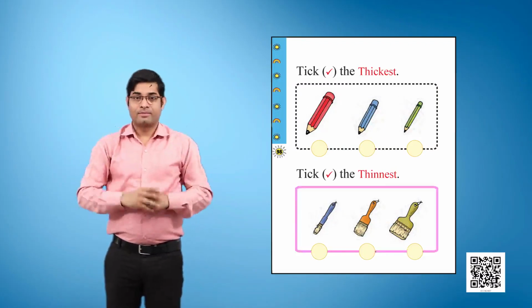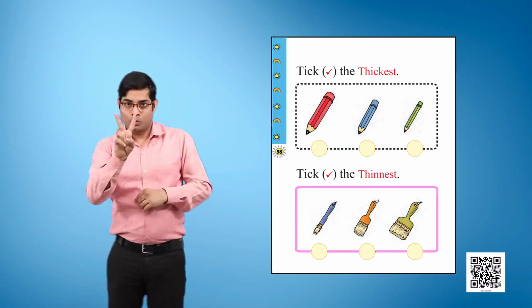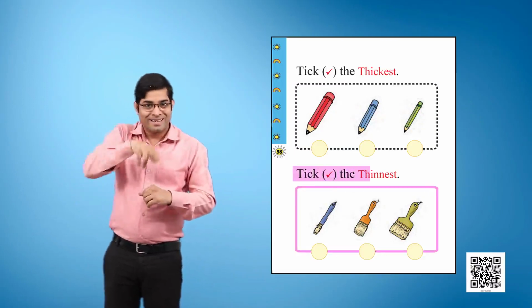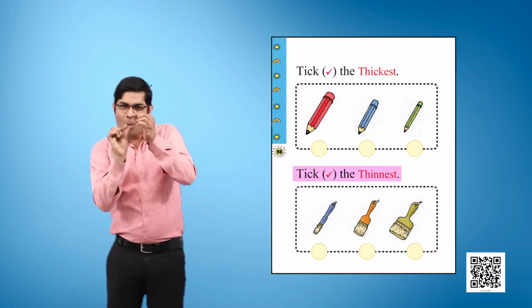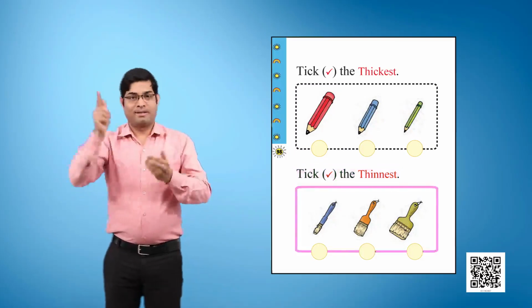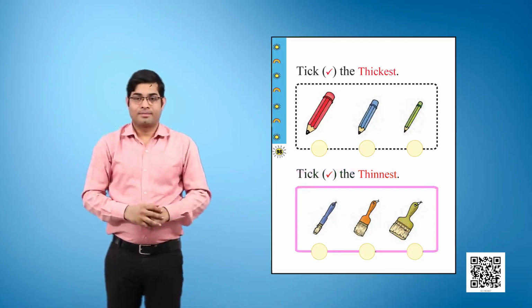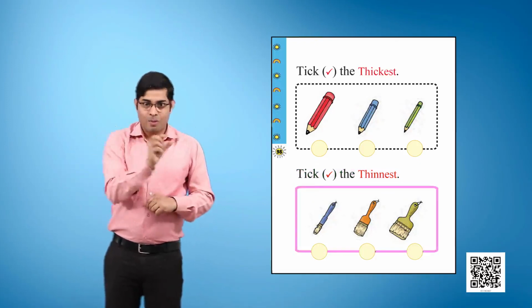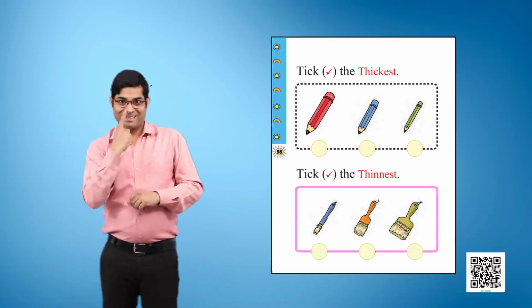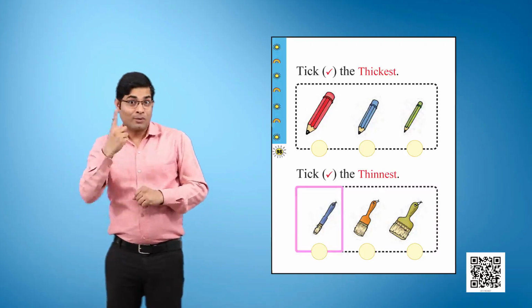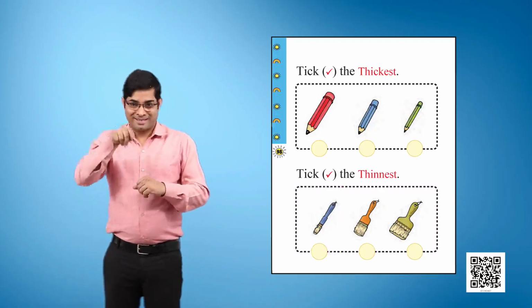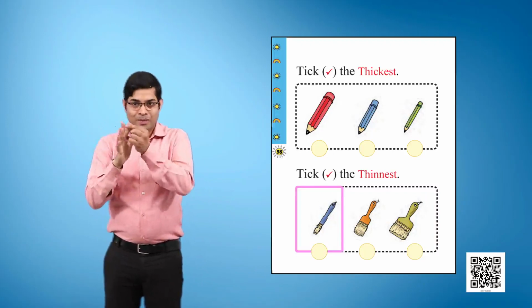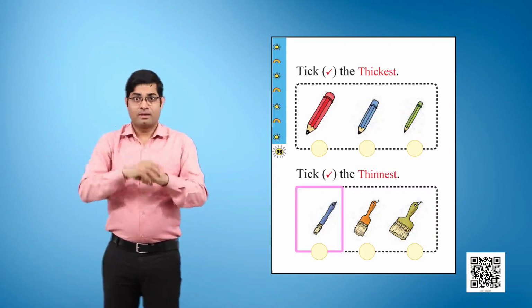Part 4 Question. Identify the thinnest brush. Part 4 picture shows 3 brushes. Brush 1 is as round as your middle finger.